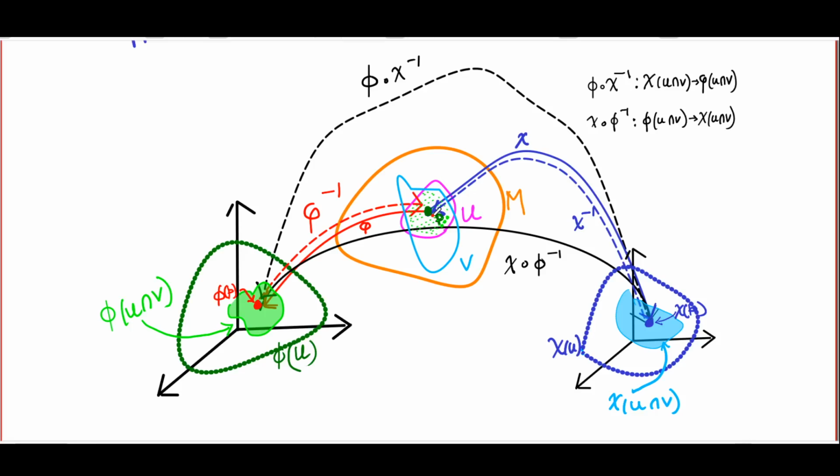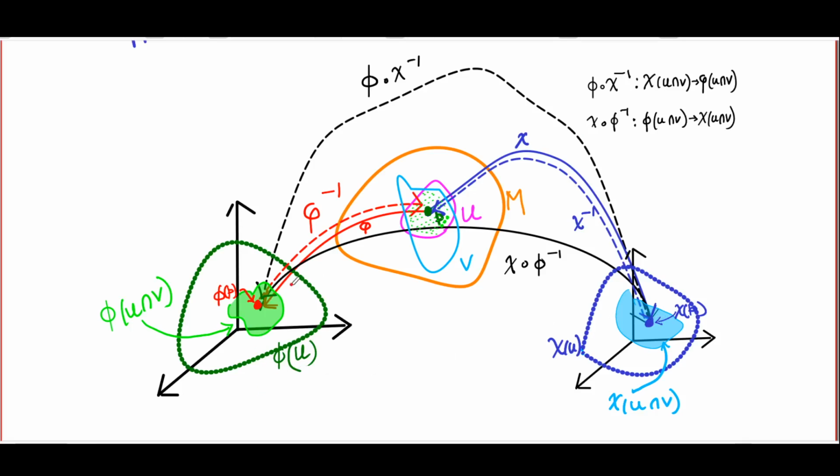And we are focusing our attention at a point P, which is inside this u intersection v region, so that I can use both the charts u, phi and v, chi when we are talking about putting coordinates on point P. So the chart u, phi uses a map phi which maps P to this particular point phi of P, whereas applying chi on P moves you to this particular point chi of P.